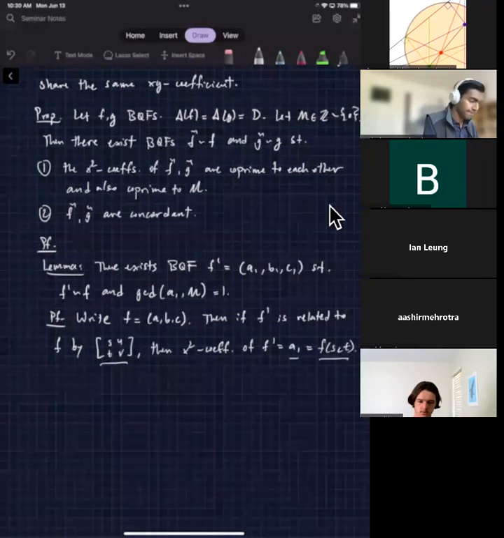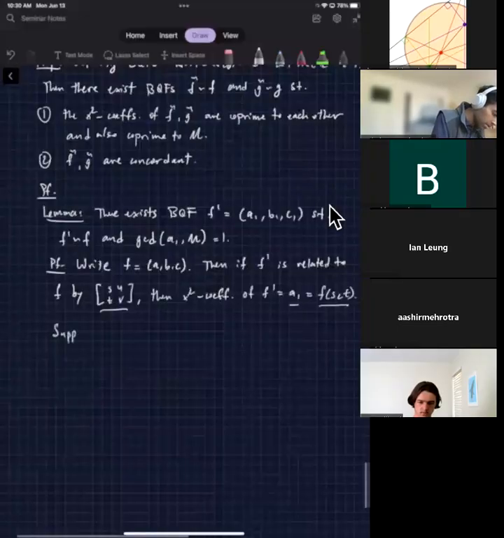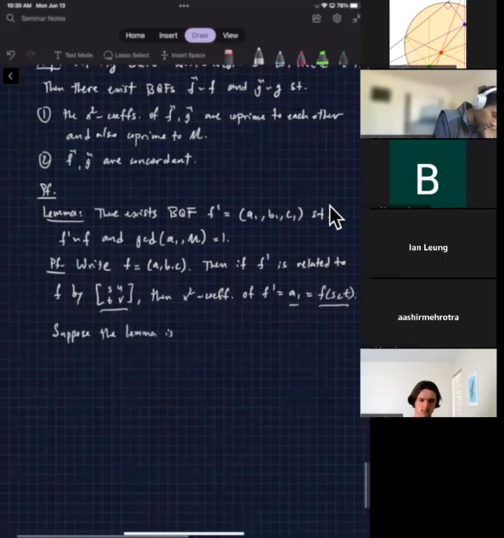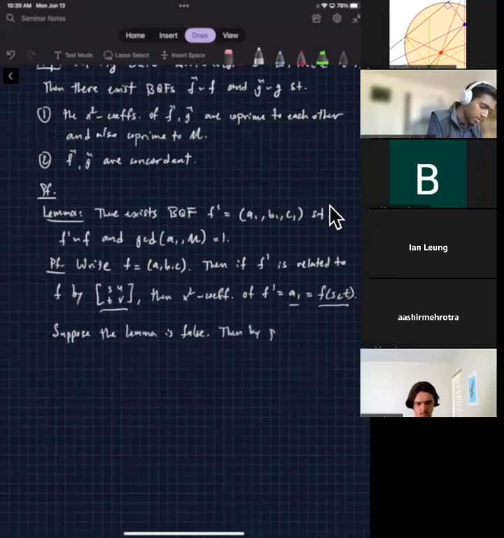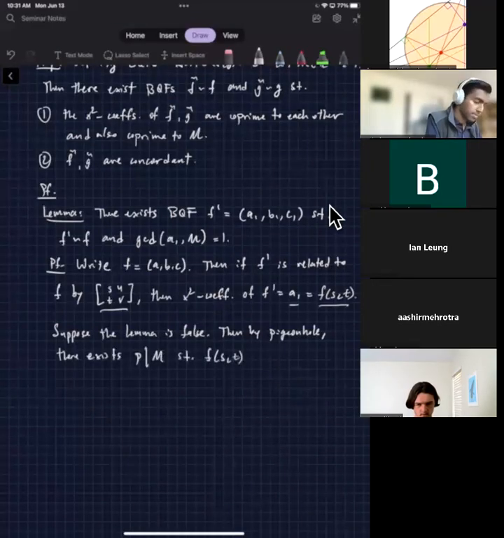Okay. So now suppose the lemma is false. You're going to go by contradiction. Then by the pigeonhole principle, there exists some prime p dividing the number M such that f of s comma t is congruent to 0 mod p.